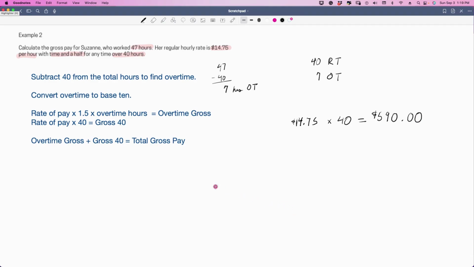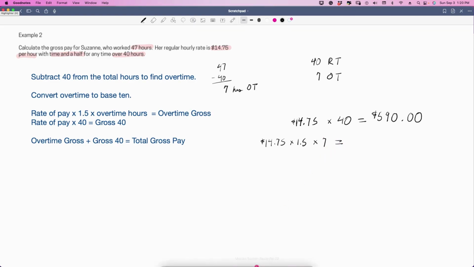Now her overtime. To find overtime, you take the amount of overtime in your base 10, and this is already in base 10 because it's whole numbers. Then you multiply that times time and a half, that's the 1.5, times the number of hours. So the rate of pay is still $14.75 times 1.5, that's time and a half, times the number of hours, which is 7.